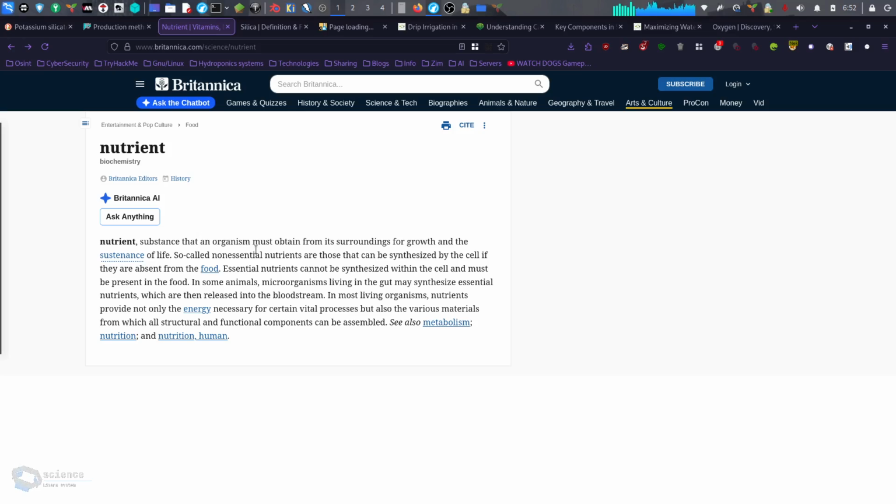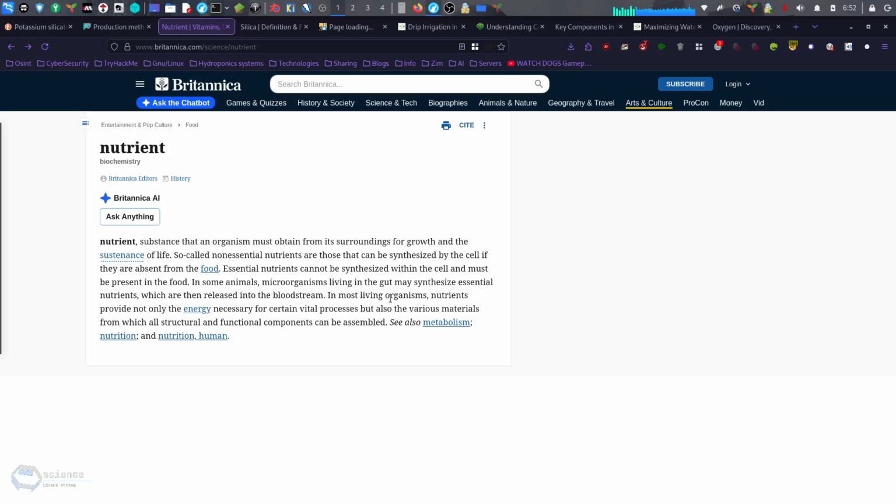So-called non-essential nutrients are those that can be synthesized by the cell if they are absent from the food. Essential nutrients cannot be synthesized within the cell and must be present in the food. In some animals, microorganisms living in the gut may synthesize essential nutrients, which are then released into the bloodstream.